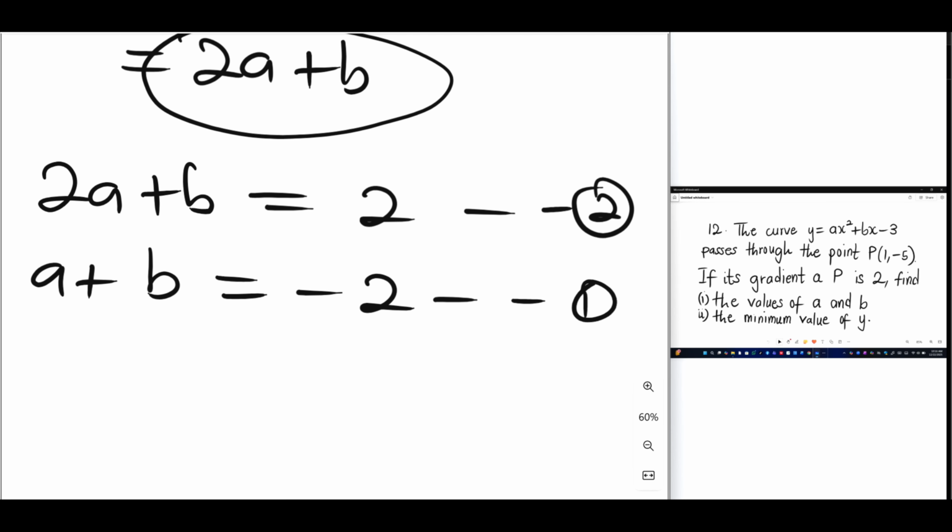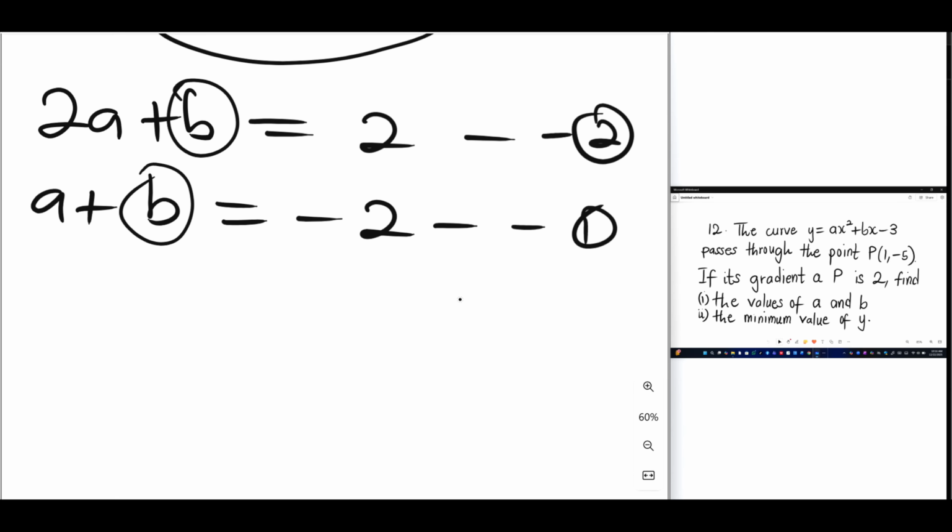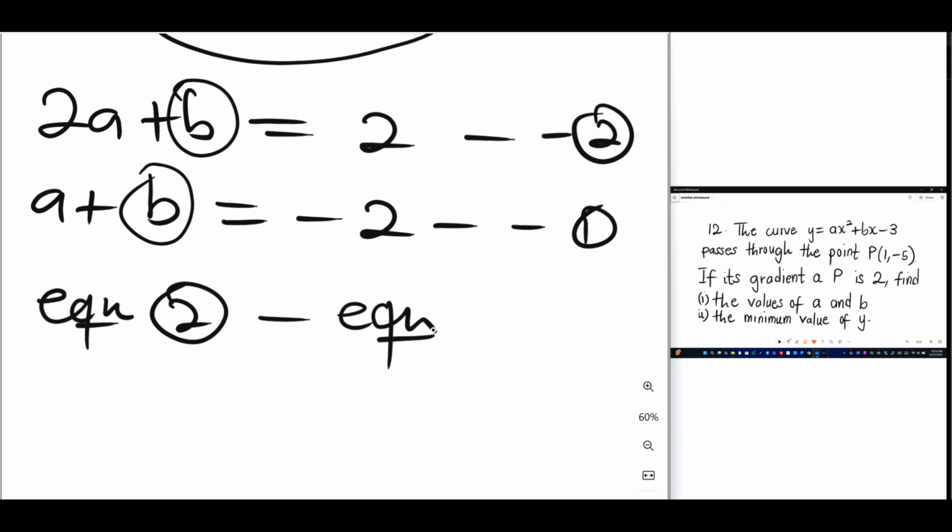So this is my equation 1. You can see that the b here and this b have the same coefficient, and all the coefficients are positive. Since they are positive, we are going to subtract so that we can eliminate the b. We are using the elimination method, so we can write it as equation 2 minus equation 1, or equation 1 minus equation 2.